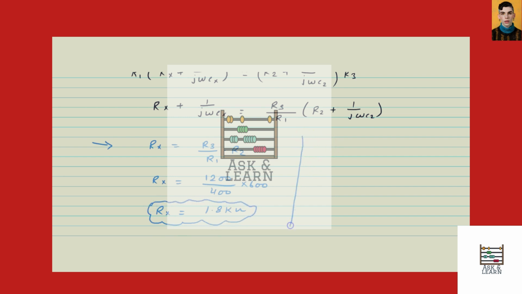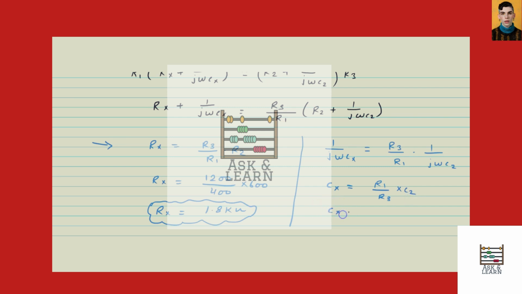Again, if we separate the imaginary part, then the equation will be 1 upon j omega Cx equals R3 upon R1 times 1 upon j omega C2. Now equating this, Cx will be R1 upon R3 multiplied by C2.